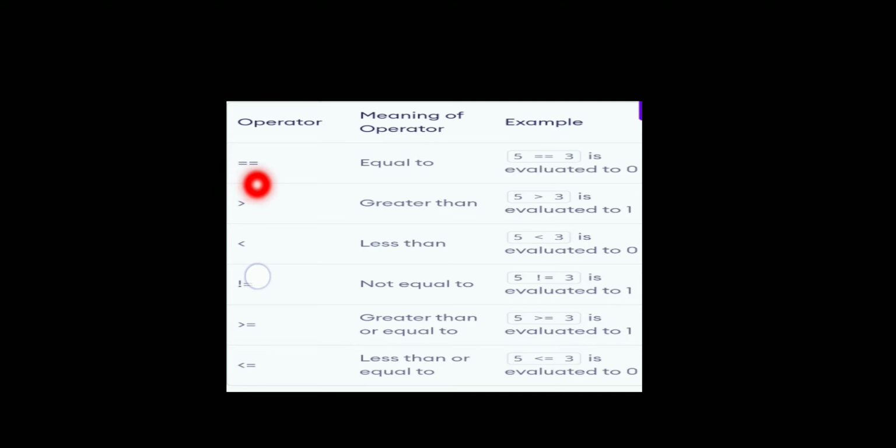Double equal to is used for equal to. 5 equal to 3 is evaluated to 0. 5 equal to 3 means it is false, so that is evaluated to 0. Greater than symbol, less than symbol, not equal to symbol, greater than or equal to, less than or equal to. These are the relational operators.